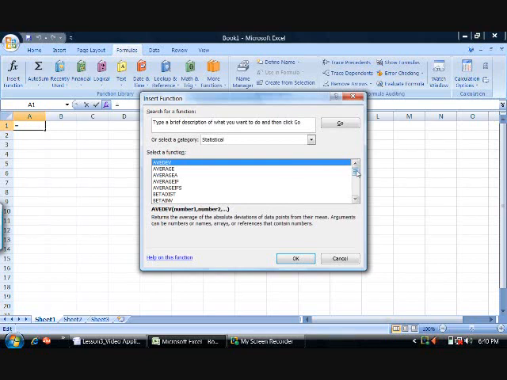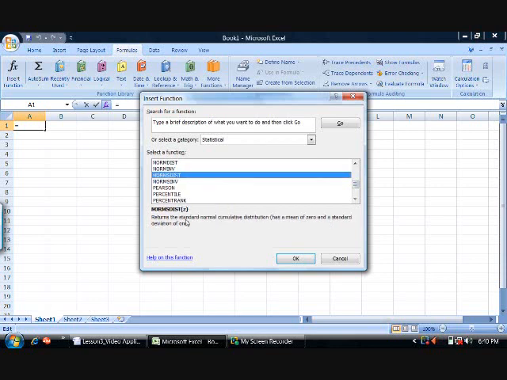I want NormsDist distribution, so scroll down to the N's. I find NormsDist distribution, and notice the description. Returns the standard normal cumulative function. Has a mean of 0 and a standard deviation of 1. Cumulative means it's returning the probability up to the value z you give it. In other words, a lower tail probability.